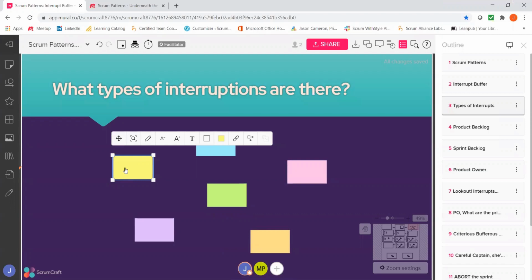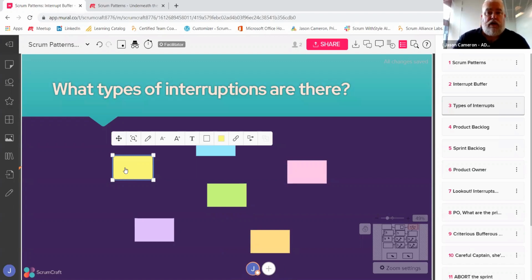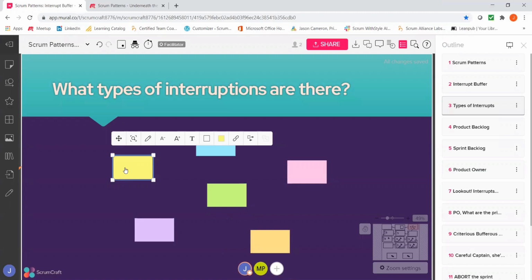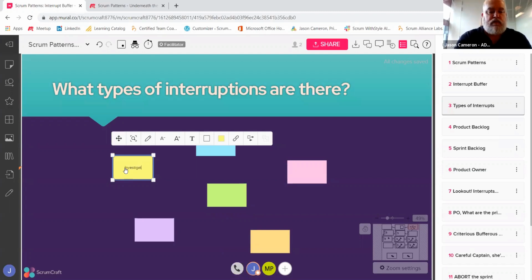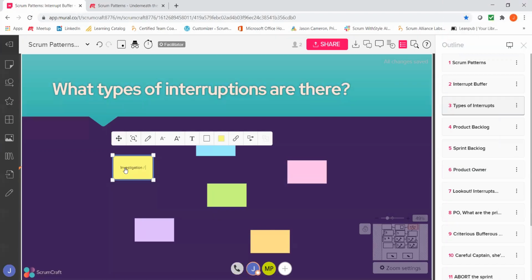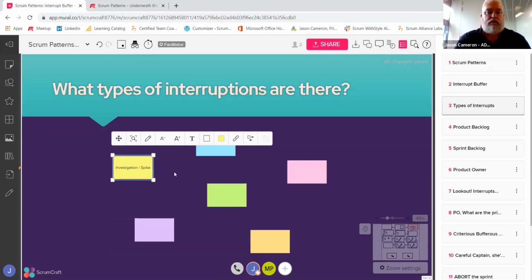Would you consider a spike as an interrupt? Or is it a solution to an interrupt, Jason? Well, if it's introduced partway through the sprint, it could be. Okay, yeah, that's what I was thinking, because at times, what happens? So an investigation or a spike. And where would that come from, do you think?